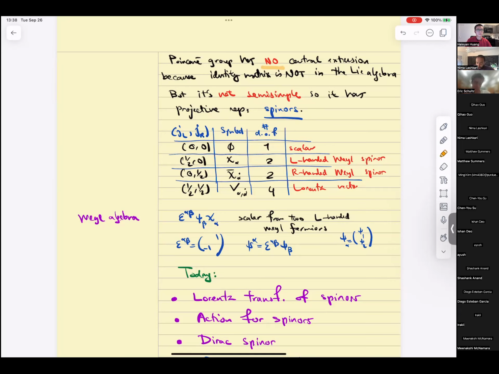But the point is that it's not semi-simple, so it has projective representations known as spinors, right? So we said that we could classify the representation theory very simply because you guys know the SU(2) representation theory. There are SU(2) representation indices.